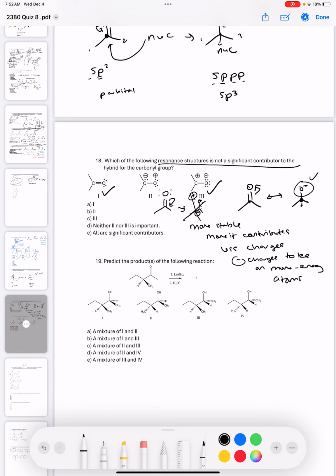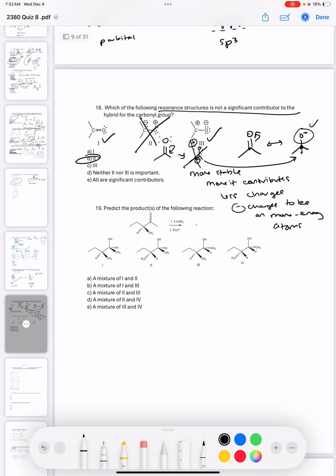This is not as stable because the oxygen's more electronegative, so it would rather have the negative charge. So this is not a major contributor. So B is not a major contributor. And you can tell because you've never seen it. You've always only seen this positive charge or a partial positive right here. So that's kind of a quicker way, but also if you know the resonance theories, that will help.